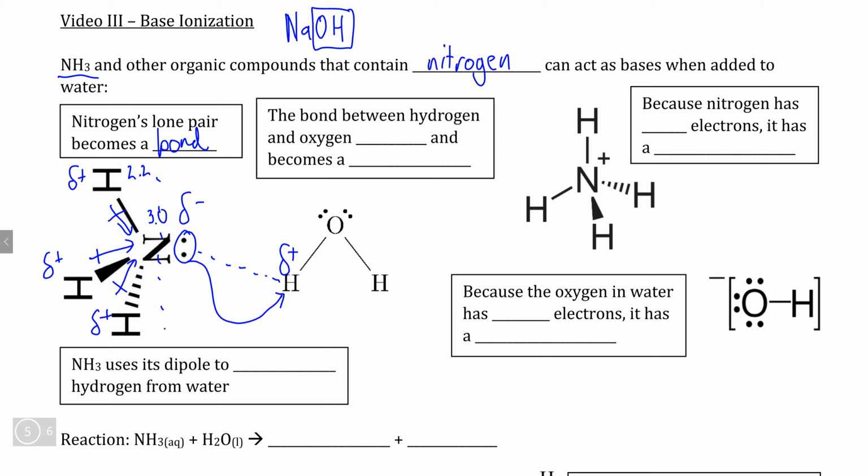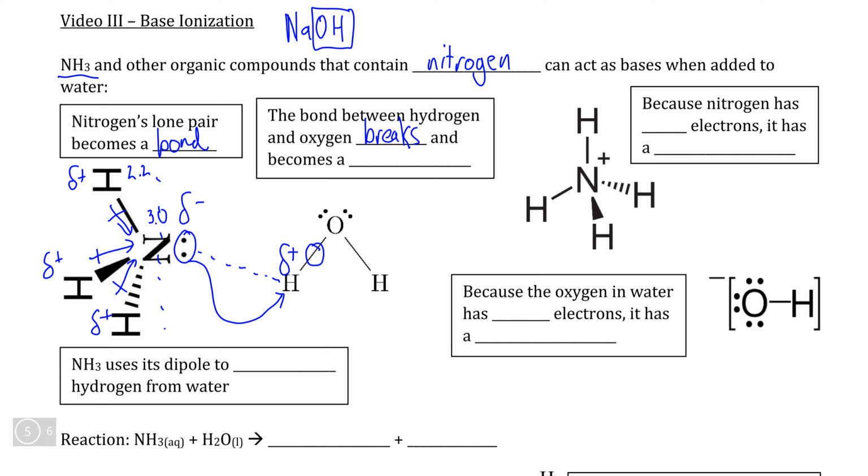We're trying to make a bond with a hydrogen that already has a bond, only this time the bond that we're going to break is in water rather than in the acid compound. So because hydrogen cannot make two bonds, the existing bond between hydrogen and oxygen in water is going to break.